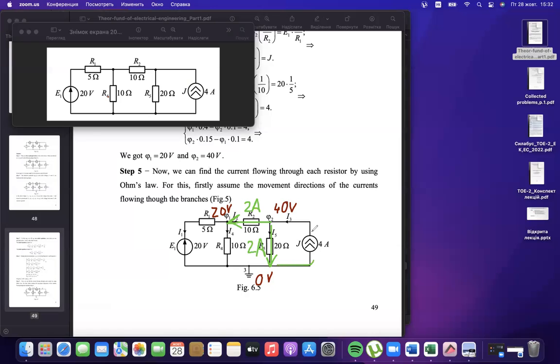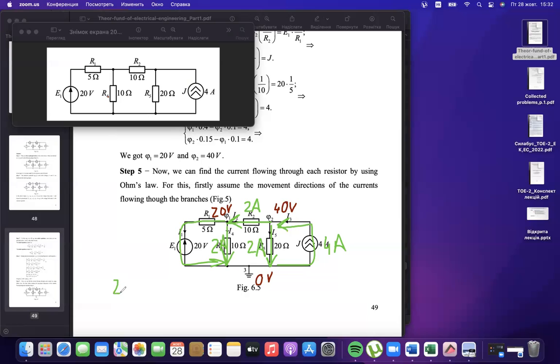Then, as you see, 4 amperes divide in equal parts as 2 and 2. Everything okay, 4 amperes is the total current. Then I4, 20 minus 0, divided by 10, also 2 amperes. And the last one, I1.